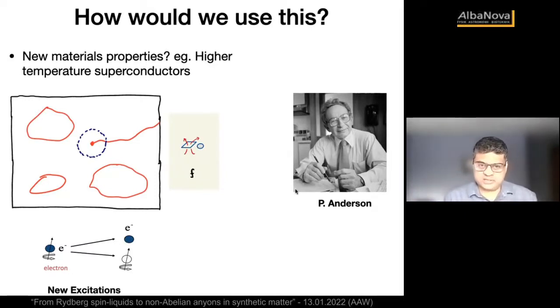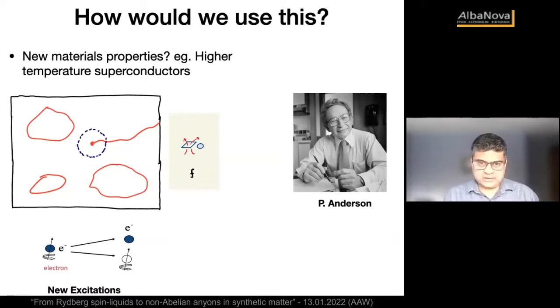Okay, so this was the proposal. Despite many years, it's still not really been established if this is a viable route to high temperature superconductivity, but it gives you the idea that once you have these kind of states where all the rules of the game have changed because you have new kinds of excitations, you could get very new and different materials properties. Okay, so that's been a major motivation in the search for quantum spin liquids in magnetic materials.